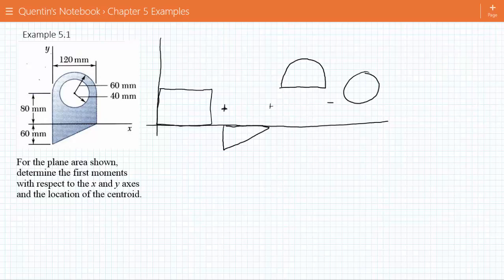So for the sake of clarity, I can call these bodies 1, 2, 3, and 4.